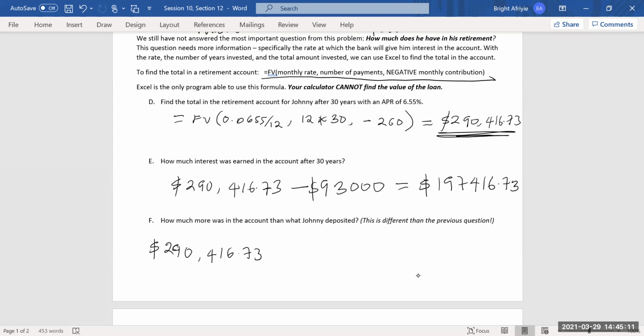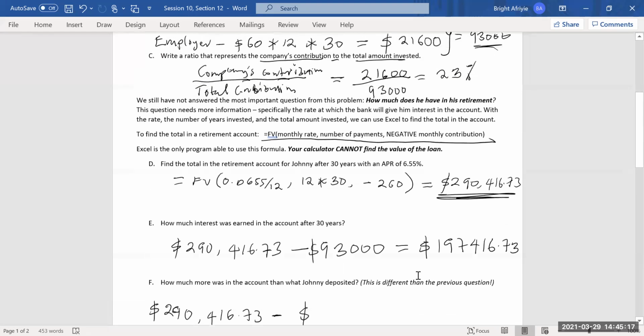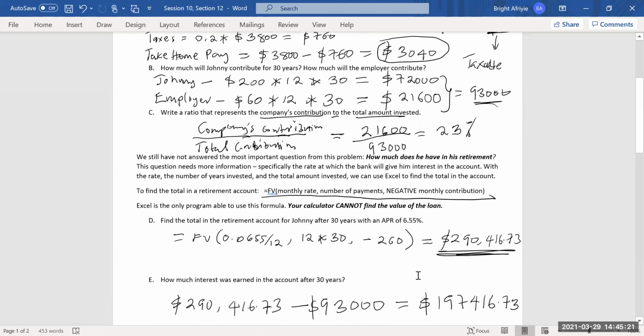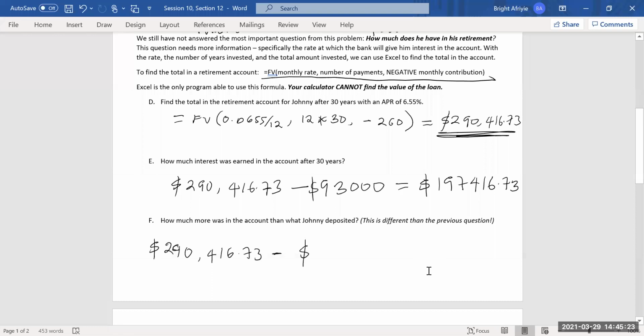And this time we are going to subtract what Johnny contributed. So what was Johnny's contribution? All right, so we know that Johnny would have contributed 72,000. So invariably we mean without the company's contribution.